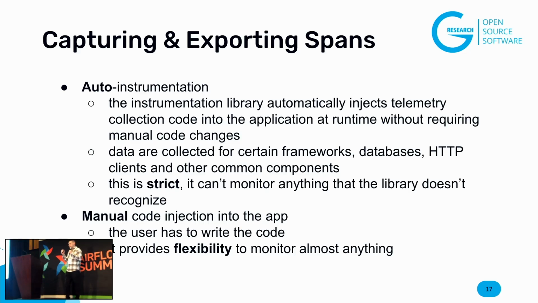Like we can monitor a get call or a post call. Now, if the code is something that the instrumentation library hasn't been designed to monitor, then it won't export any data. And that's why this approach is very strict, but we don't have to add any code ourselves.